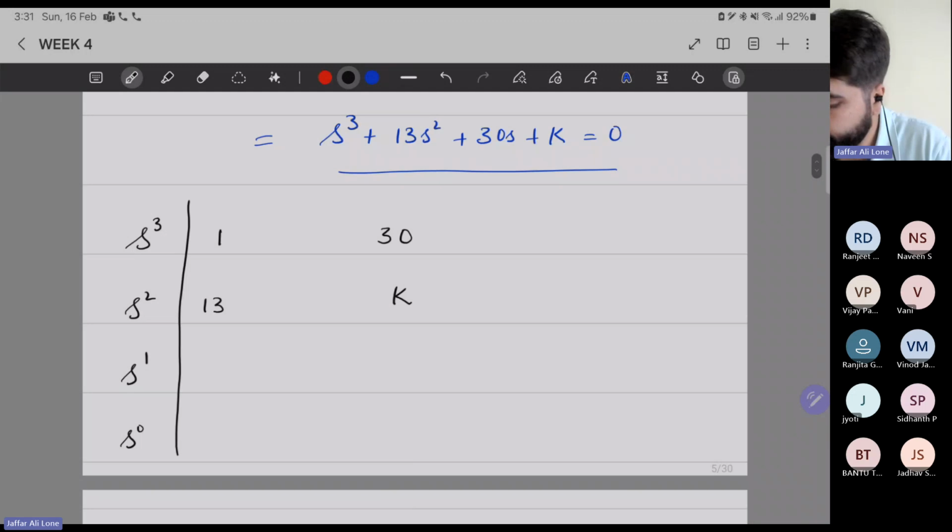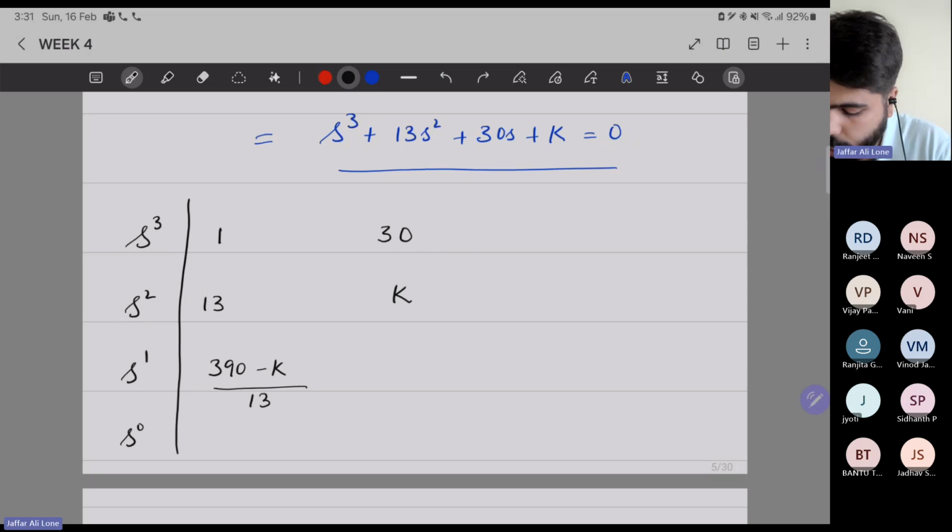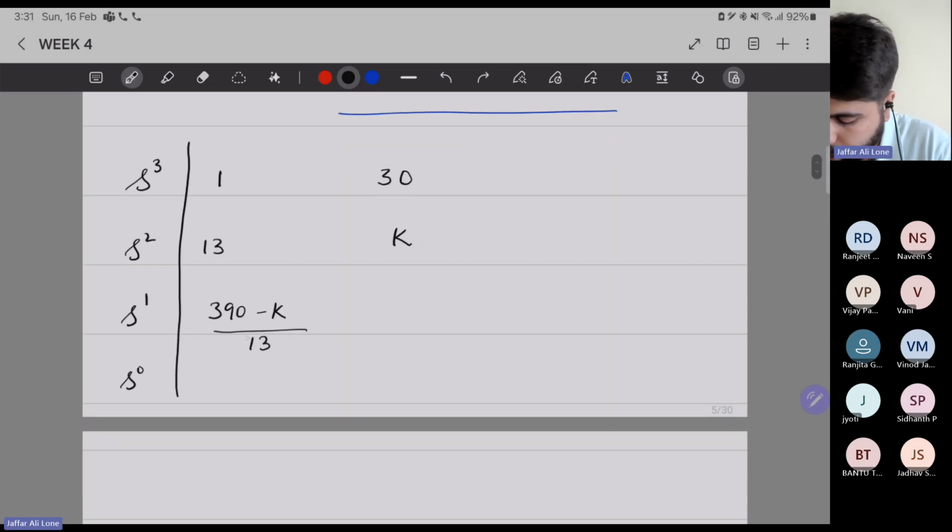So after that, we'll multiply 13 into 30 is 390 minus K, divided by 13. And here it will be 0 because there is no term here. Now this s naught term will be this into K minus 13 into 0, divided by this (390 minus K) over 13. So it will directly be K.